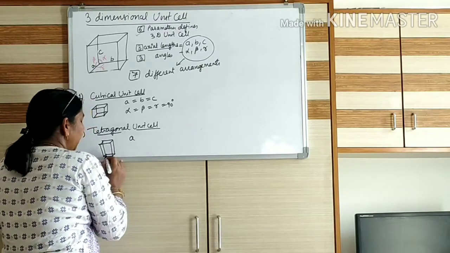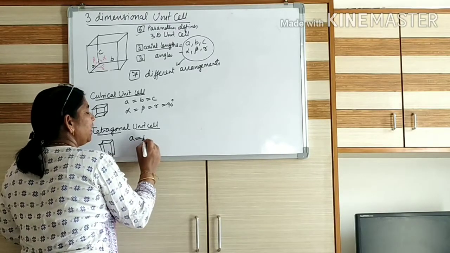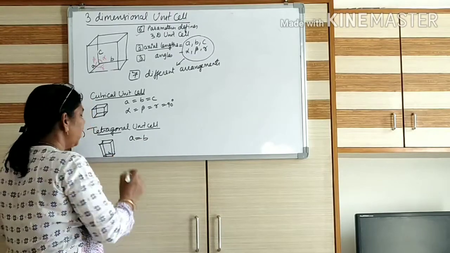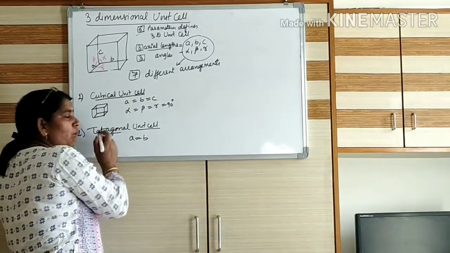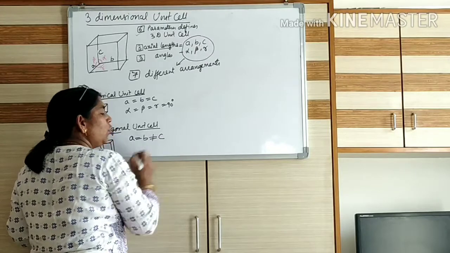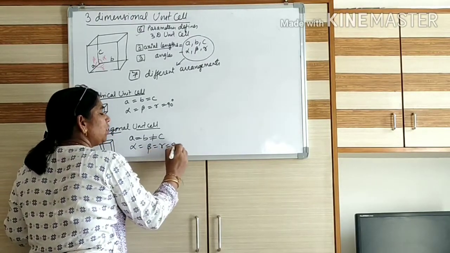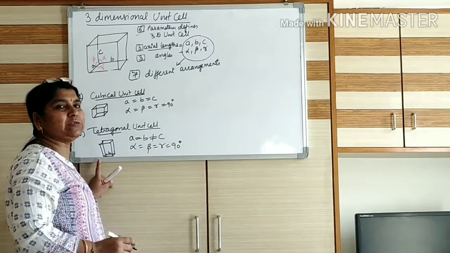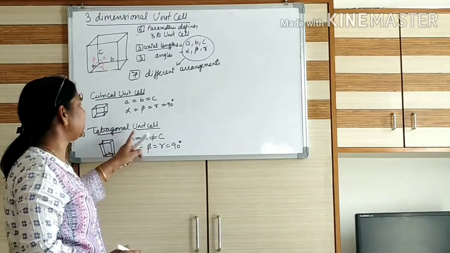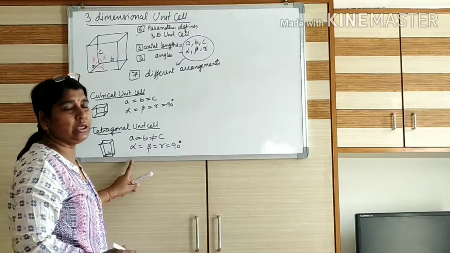Here A and B will be the same, A equals B, but the height is more. So C does not equal A or B, but alpha equals beta equals gamma equals 90 degrees. The angles will remain the same. This condition is known as the tetragonal unit cell.